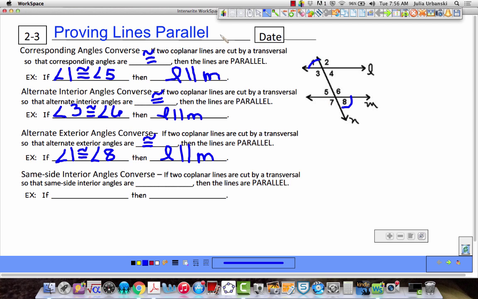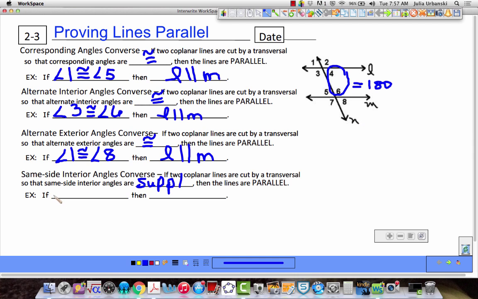And the last one, though, if we find out that same-side interior angles are blank, what are we supposed to know about same-side interior angles? Supplementary, good, not congruent. Same sides are supplementary. If we somehow know that 4 and 6 add up to 180, then we know the lines are parallel.